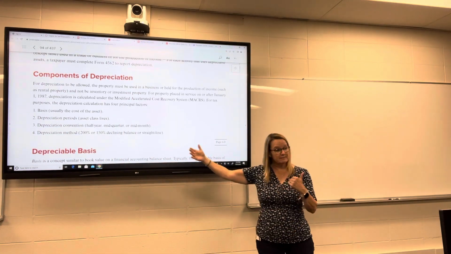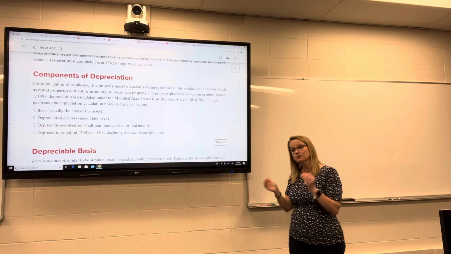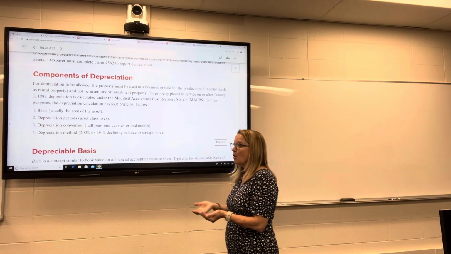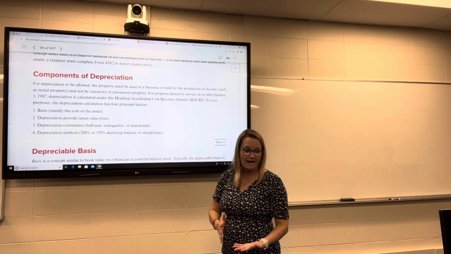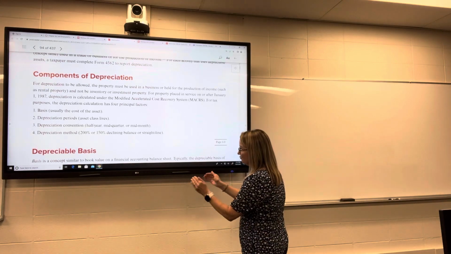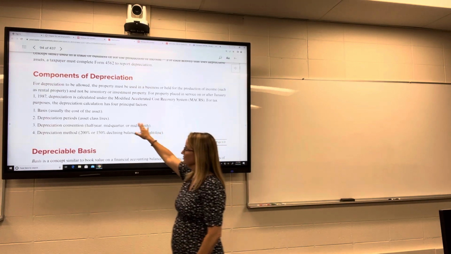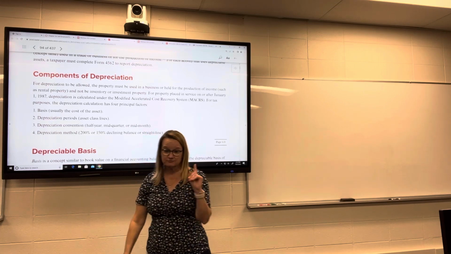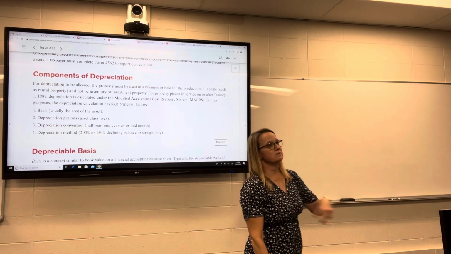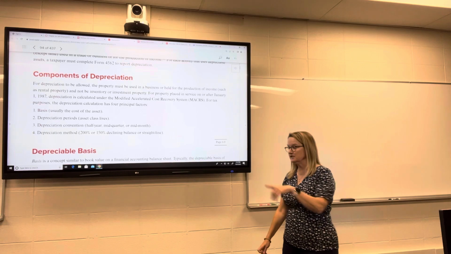Okay, so over time that basis is going to get adjusted, but when we first purchase an asset or attain it in some other way, that original cost is what we refer to as basis. So that's the first thing, basis. And we're going to go through each of these components in a lot more detail.